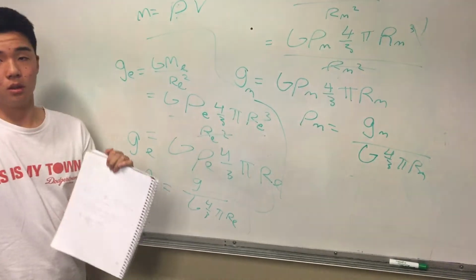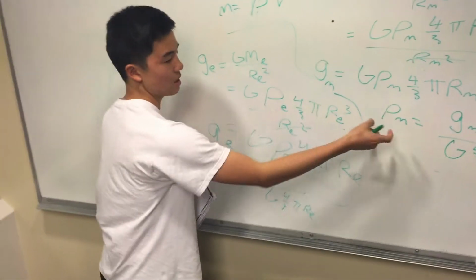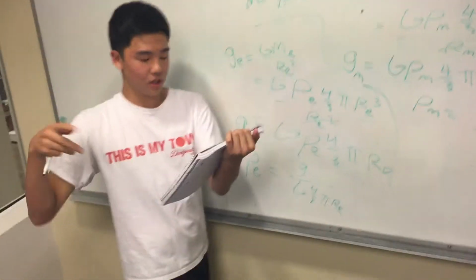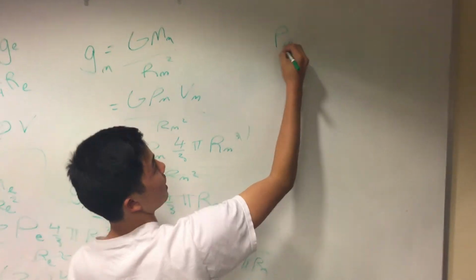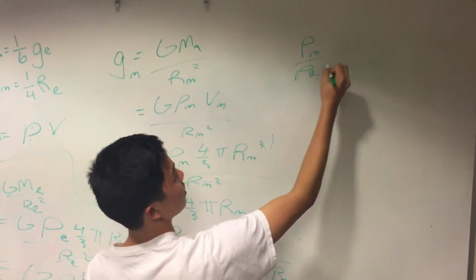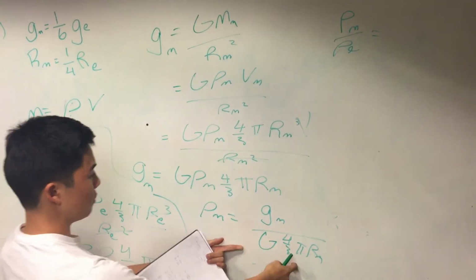And then what the problem wants you to do is compare the density of the moon and density of the Earth in a ratio. So we're just going to put density of the moon over density of the Earth in a fraction. So move this here.